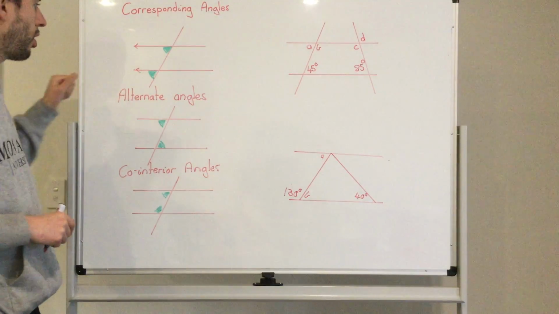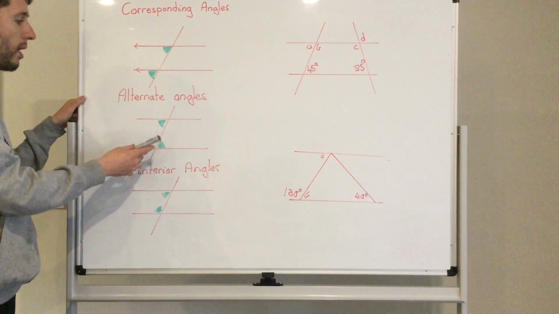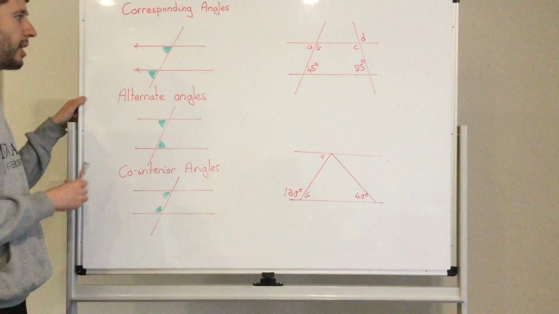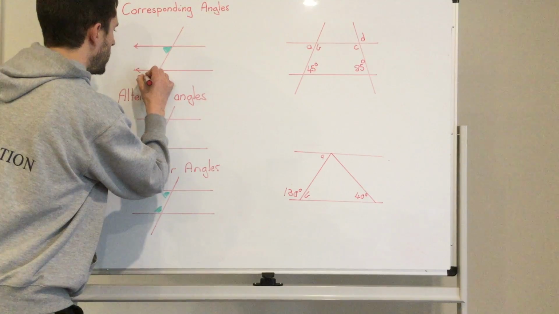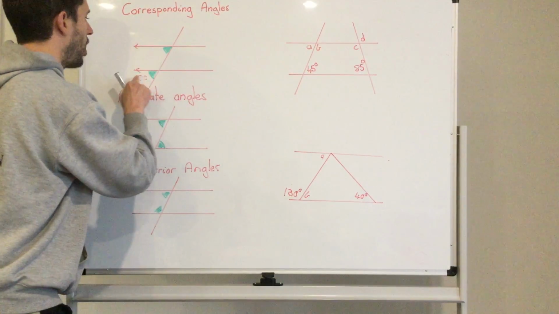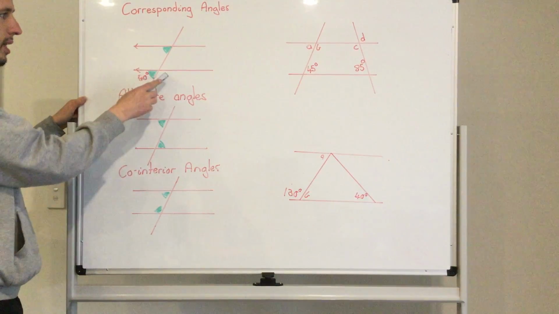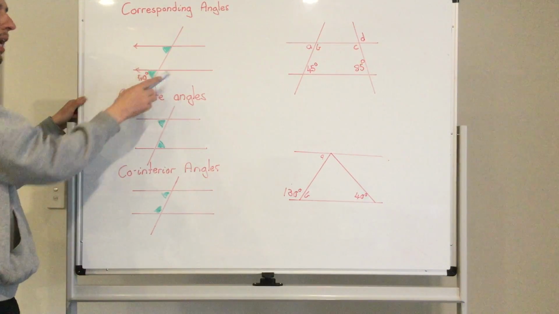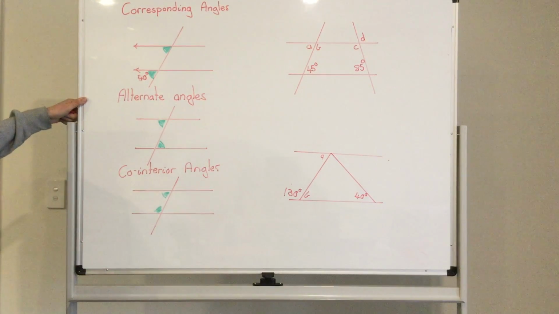The same with alternate angles. Because we know if these two are the same size, say I make this 40 degrees. If we think about both these angles, they must add up to how much? 180.